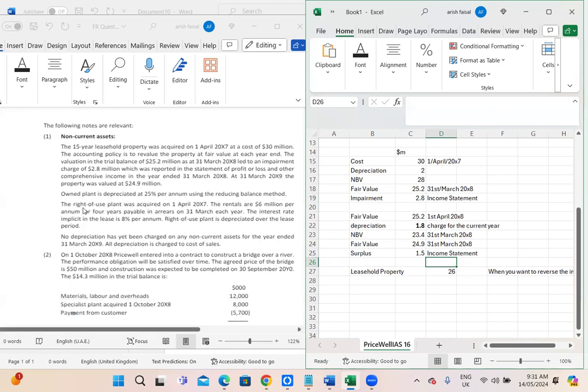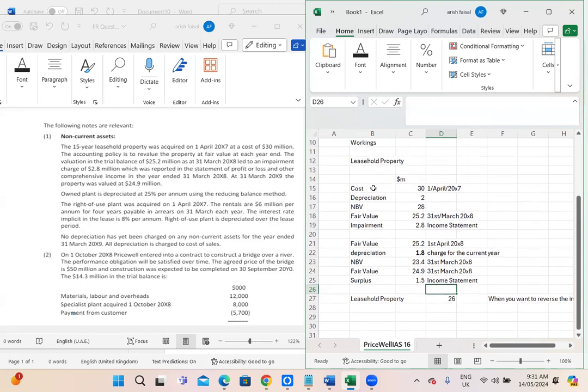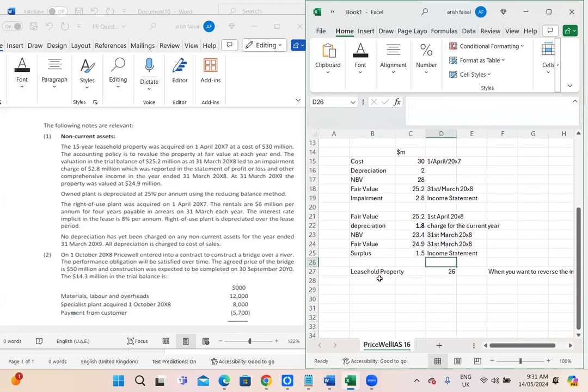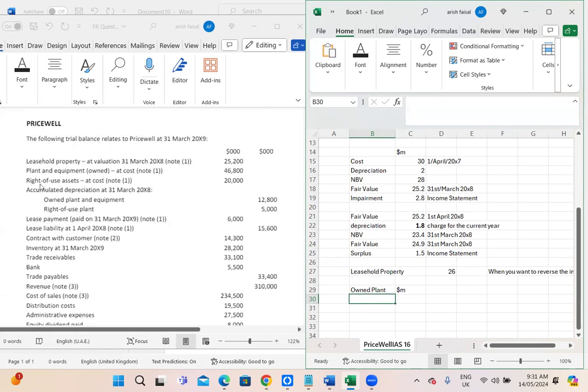correct. So now let's move to the next point, which is own plant is depreciated at 25% per annum using the reducing balance method. Okay, so this was for the leasehold property, and now we have the owned plant, which you have to depreciate based on reducing balance method. So in that case, we charge the depreciation on your net book value. So for the own plant, you see the cost is 46.8 million.